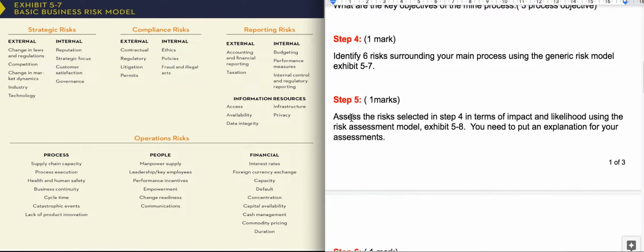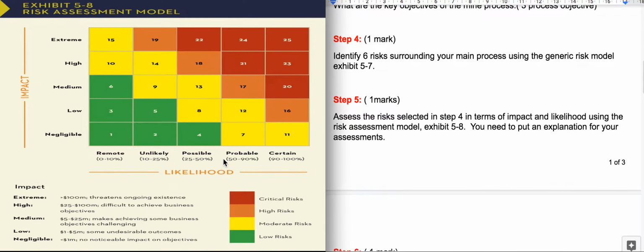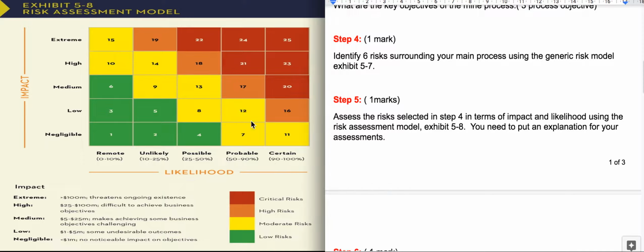What does step 5 say? Assess the risk selected in this step in terms of impact and likelihood using the risk assessment module. Let's go and see what the risk assessment module is. It is here. This is the risk assessment module. So, for example, you say losing money. Losing money, the risk.